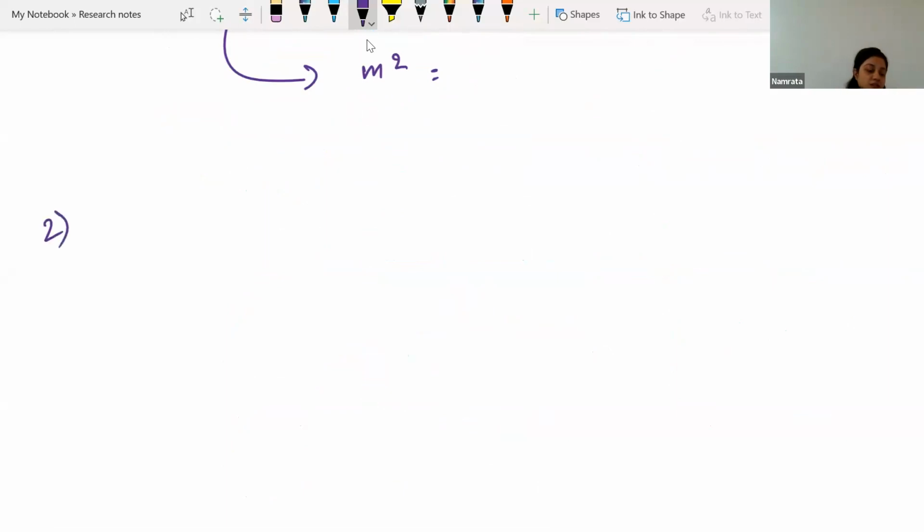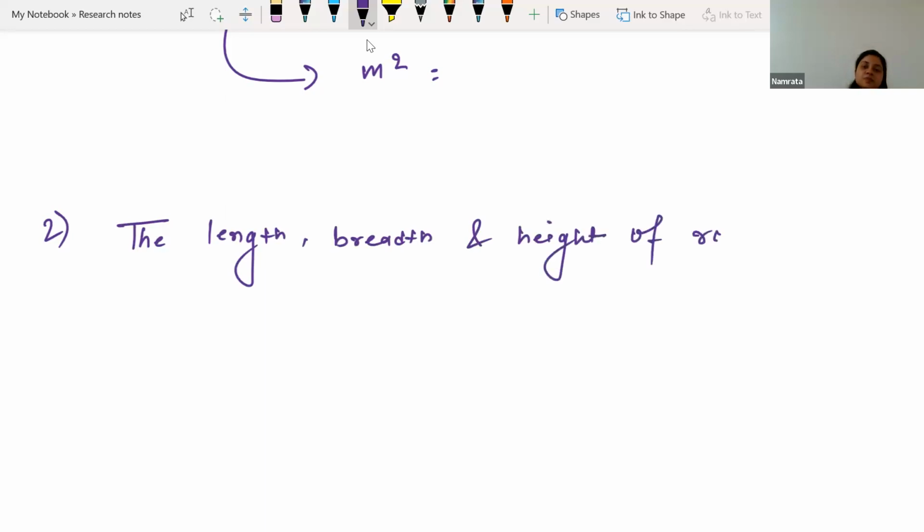The next question is similar. The length, breadth and height of a room are given. Find the cost of whitewashing the walls of the room, and then the walls and the ceiling. Here you will tell me what we need to do. The length, breadth and height of a room are 5 meter, 4 meter, 3 meter, respectively.